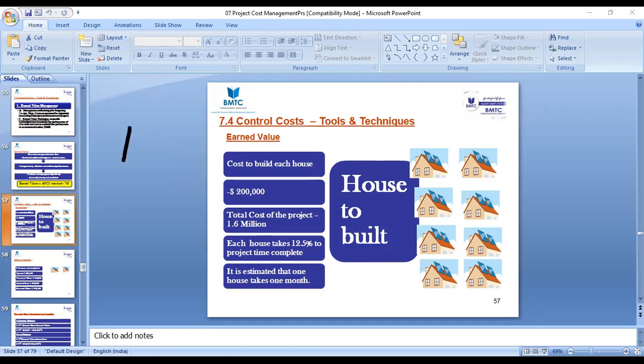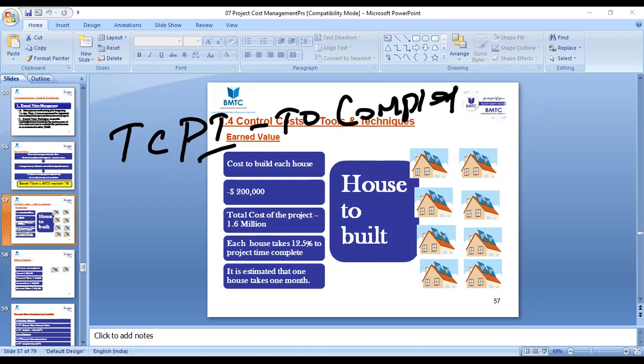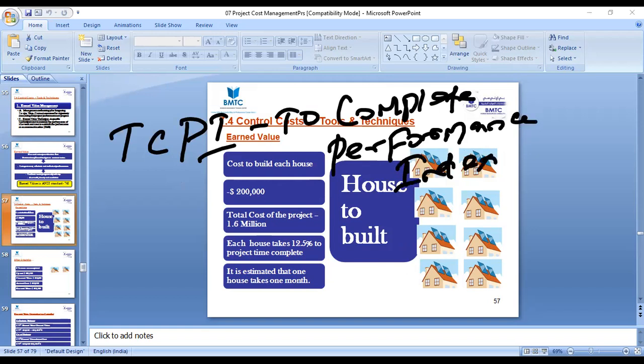Now, there are 2 more formulas. Please note the To Complete Performance Index. Now, the CPI, if it is going to be less than 1, below 1, is it good or bad?